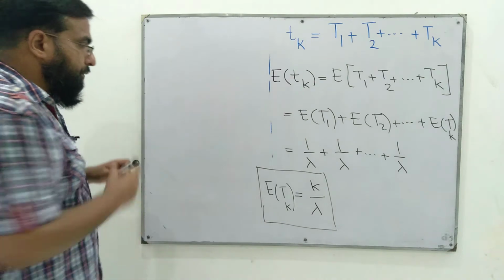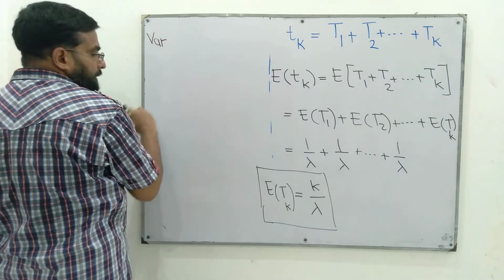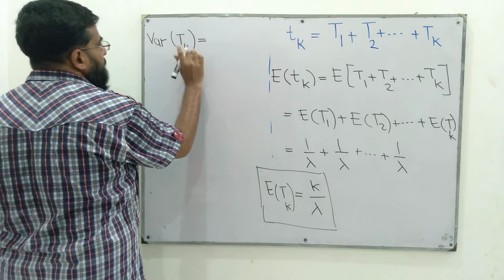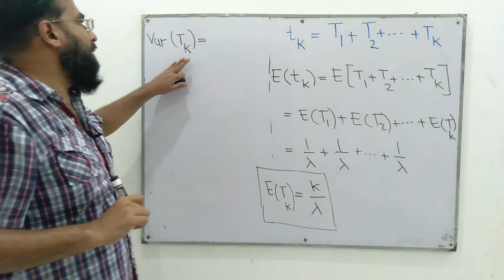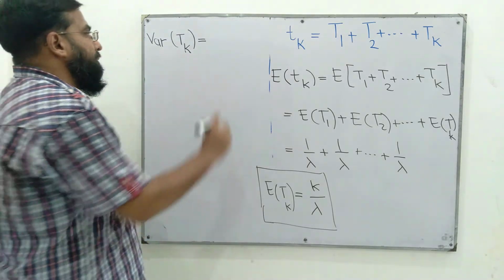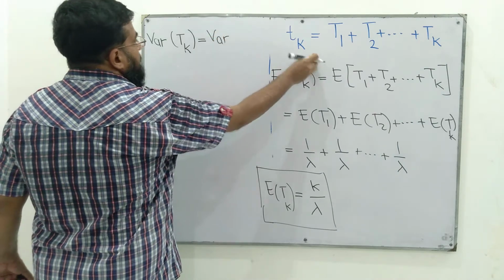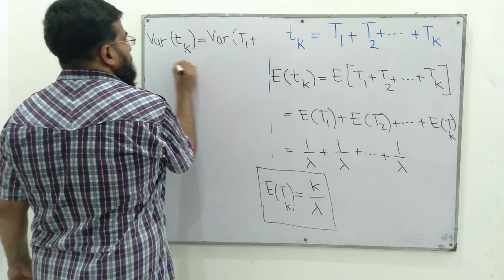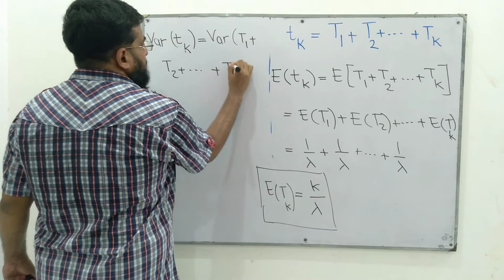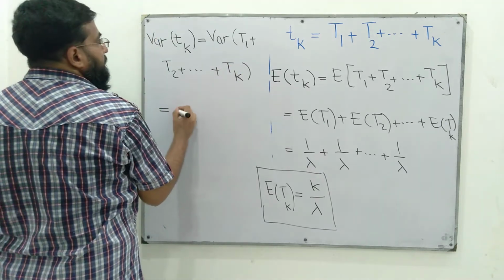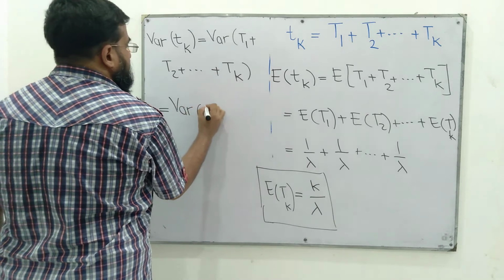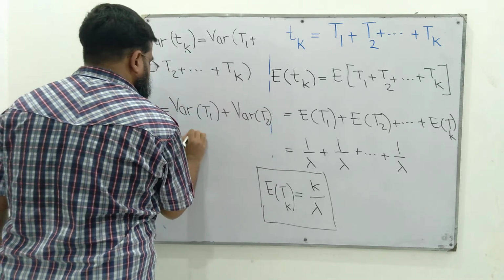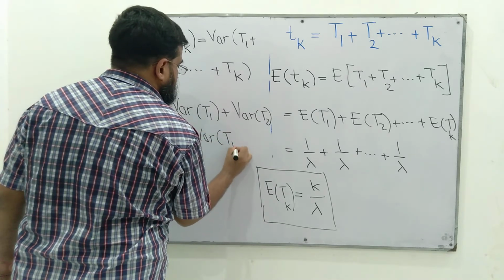As the last thing for today, let's find the variance of the time at which the kth arrival happens. This is the variance of T1 plus T2 plus up to Tk, which, since they are independent of each other, can be written as the variance of T1 plus the variance of T2 plus up to the variance of Tk.